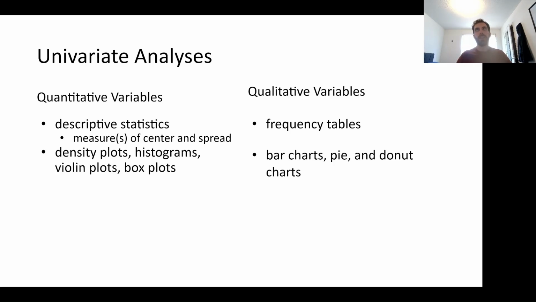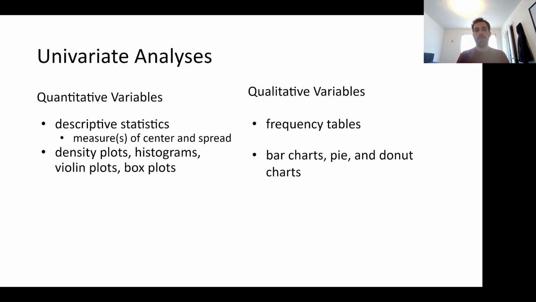I kind of think of histograms as like a lower resolution density plot, because histograms have bins and your data falls within those bins. The height of each bar in a histogram you can think of as the probability that your data falls in that bin, whereas a density plot is smoothed. It doesn't have any bins.